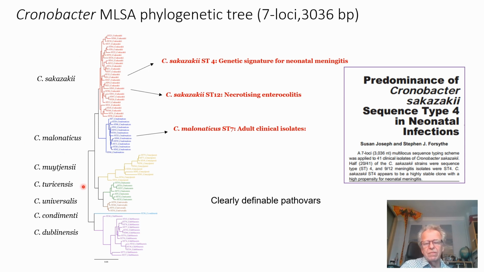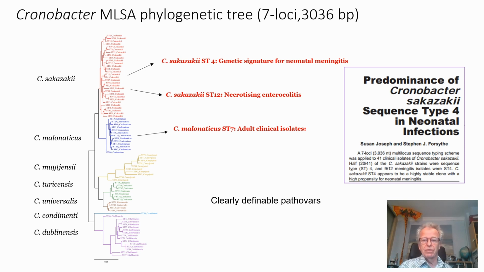There's the odd referral in turicensis, but by and large, the vast majority are Sakazakii and malonaticus. In a paper that Susan Joseph and I did, we reported that ST4 is a genetic signature for neonatal meningitis, ST12 for necrotizing enterocolitis, and ST7 for clinical isolates. So very clearly definable pathovars by using the MLST scheme. So you can have a perspective as to how serious your isolate is by doing the MLST.